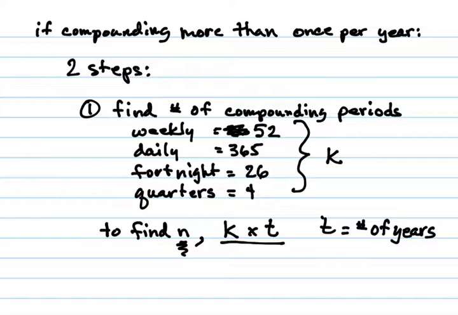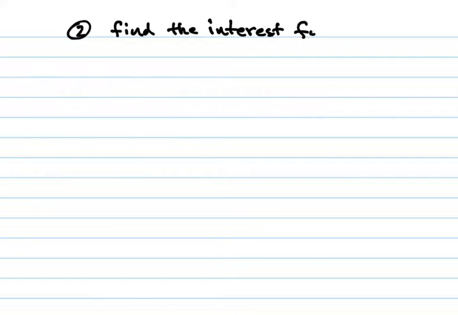The second thing we need to do, so step 2, is we need to find the interest rate for each period. Because if you change the number of times you're charging interest or collecting interest, then you can't use the annual rate.